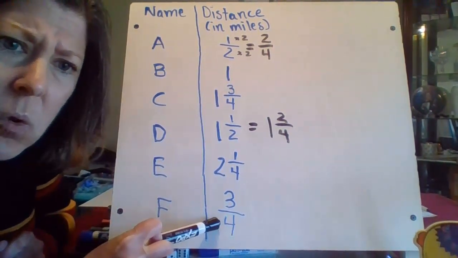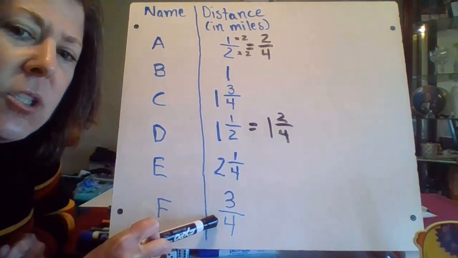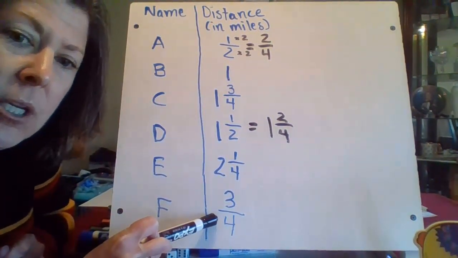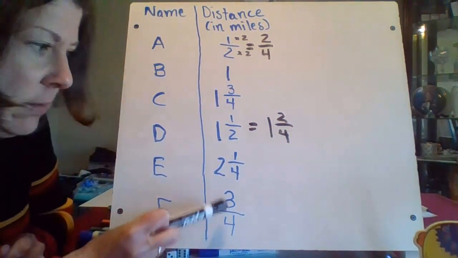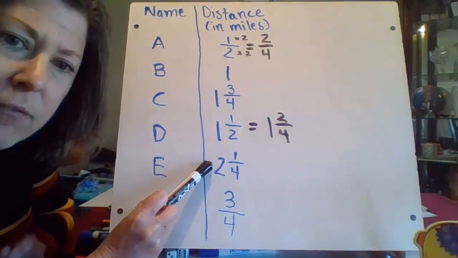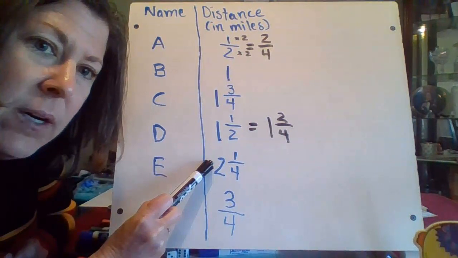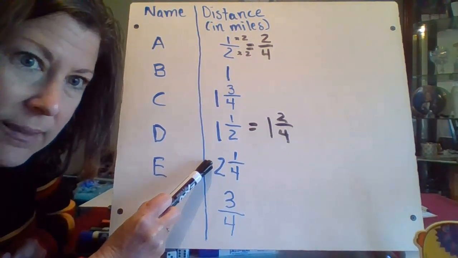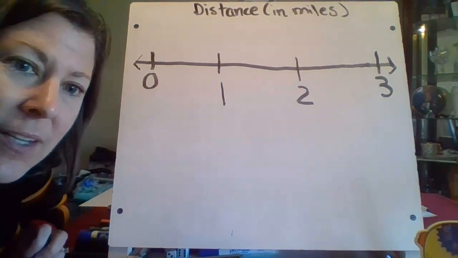So I can't start my number line at 1. So I'm thinking I'm going to start it at 0. So 0, 1, 2. Well, here I have 2 and 1/4. So I have 2 and a little bit more. So I can't stop my line plot at 2. I have to bump it up to 3.